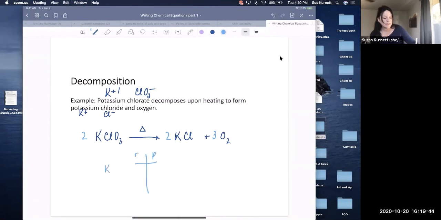And take every element individually. That's balanced.